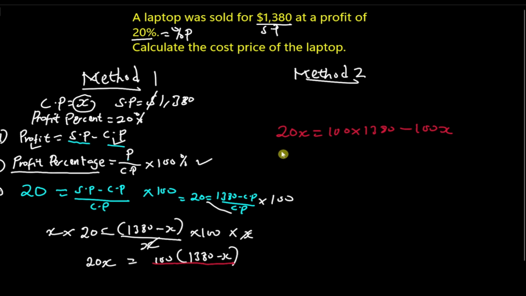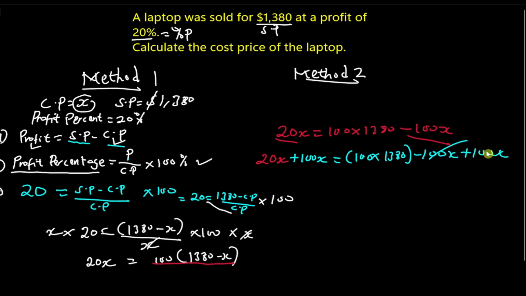Now we want to bring the 20x and the 100x into one place, so let's add 100x to both sides of the equation. So 20x plus 100x is equal to 100 times 1,380 minus 100x plus 100x.